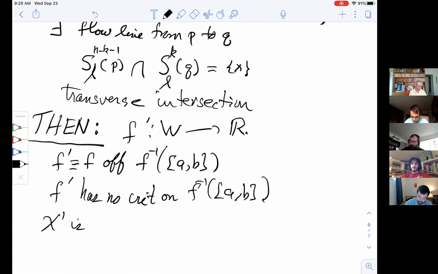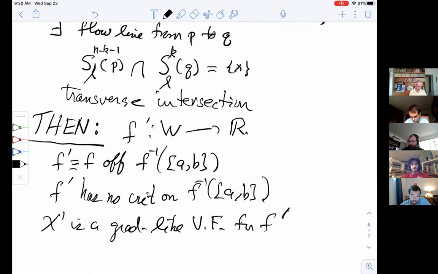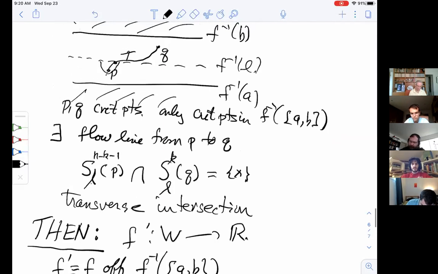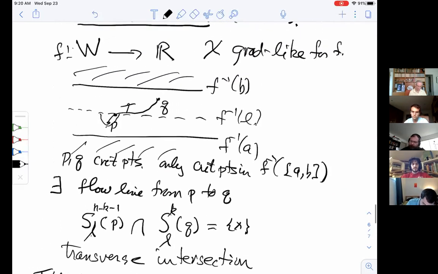Chi prime is a gradient-like vector field for F prime, and chi prime equals chi off of this region. Okay, so to summarize, we have this band with 2 critical points which have a nice relationship to each other.